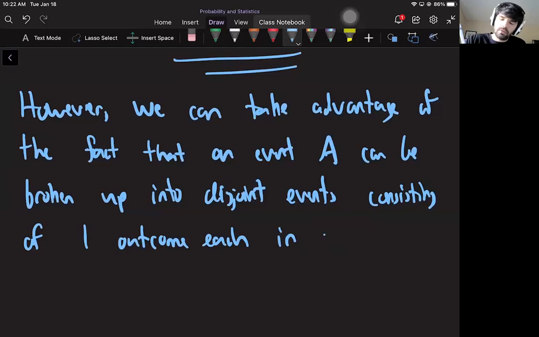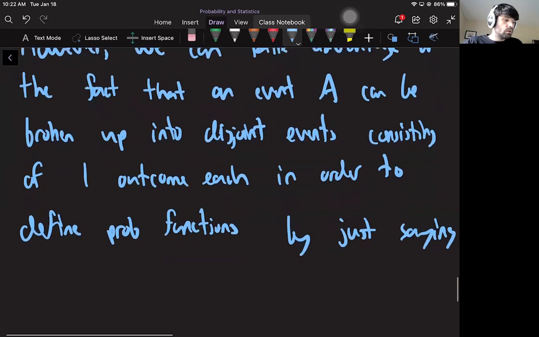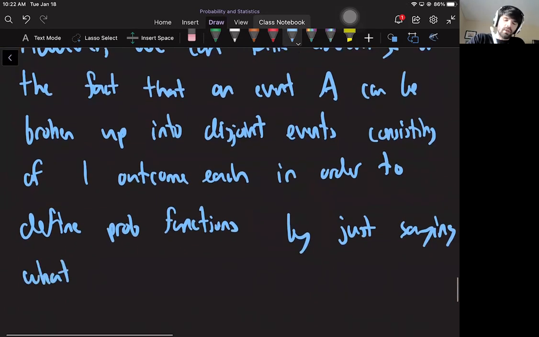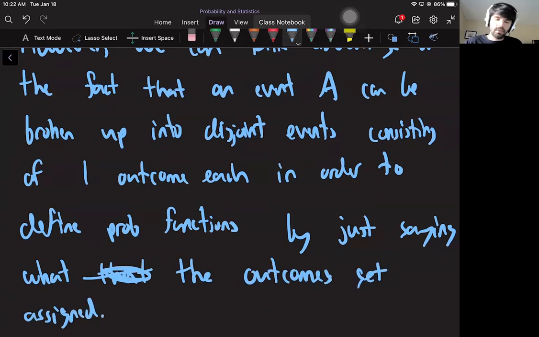And we can do this in order to define probability functions by just saying what the outcomes get assigned to. Okay, so long paragraph, but we'll see some examples to make this more clear.